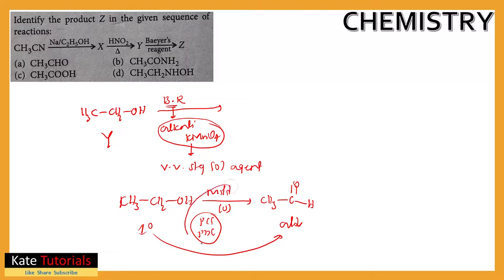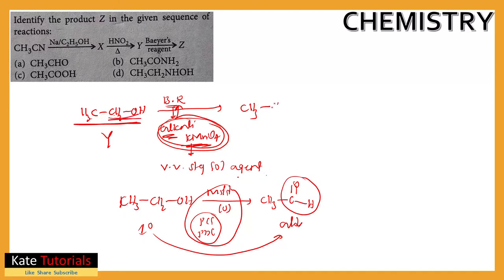Instead of this mild oxidizing agent, if I add a strong oxidizing agent like alkaline KMnO4, the primary alcohol CH3CH2OH initially becomes an aldehyde, but in the presence of a strong oxidizing agent like Baeyer's reagent, the primary alcohol will be converted to a carboxylic acid, CH3COOH. So this is nothing but acetic acid, we will get it.